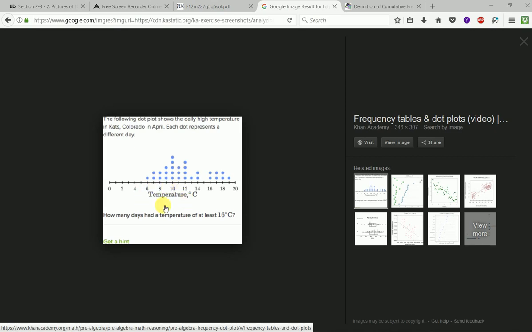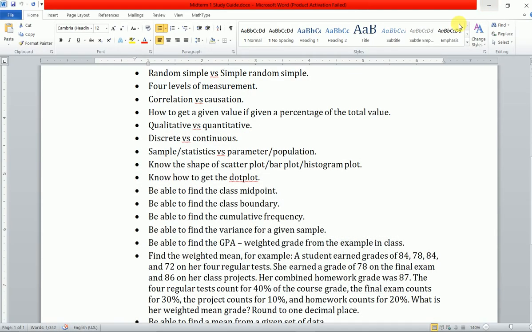It's asking how many days had a temperature of at least 16 degrees. We know that 16 is here. There are two dots, that means there are 2 days we have 16 degrees, and 18 also 2 days. 19 is only 1 day. So that's how the dot plot should look like.